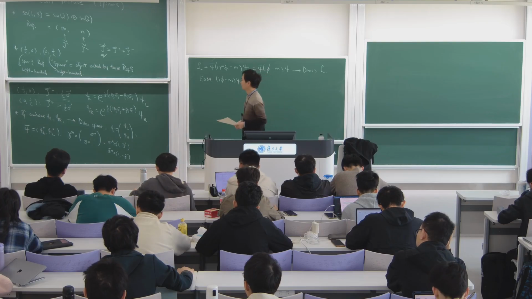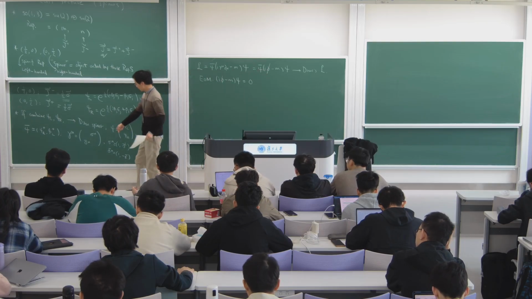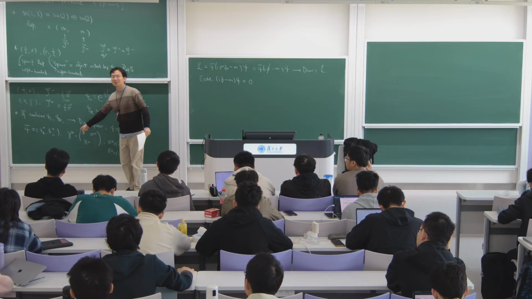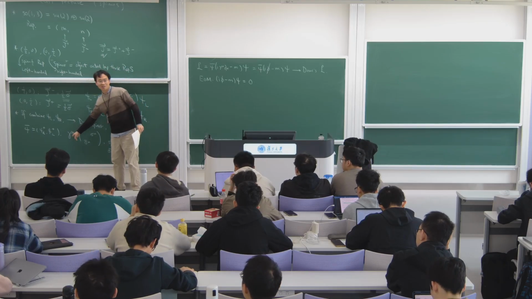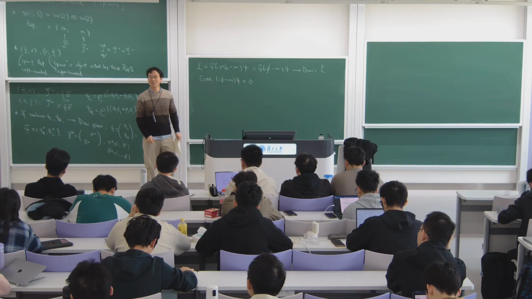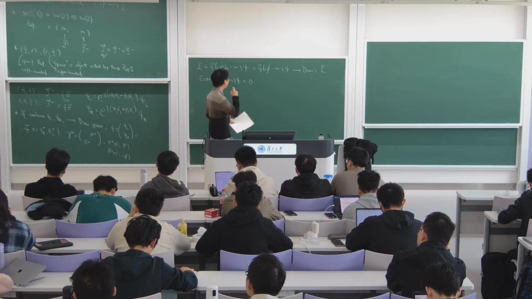So what does this mean? This means if you combine them into another form, there must be a formula for the Lorentz generators using this gamma mu, right? The gamma mu is the sigma.